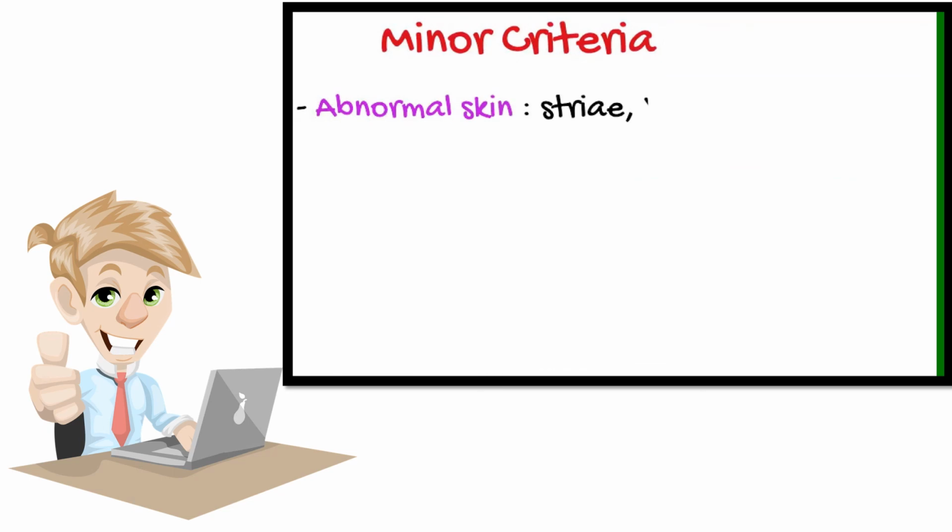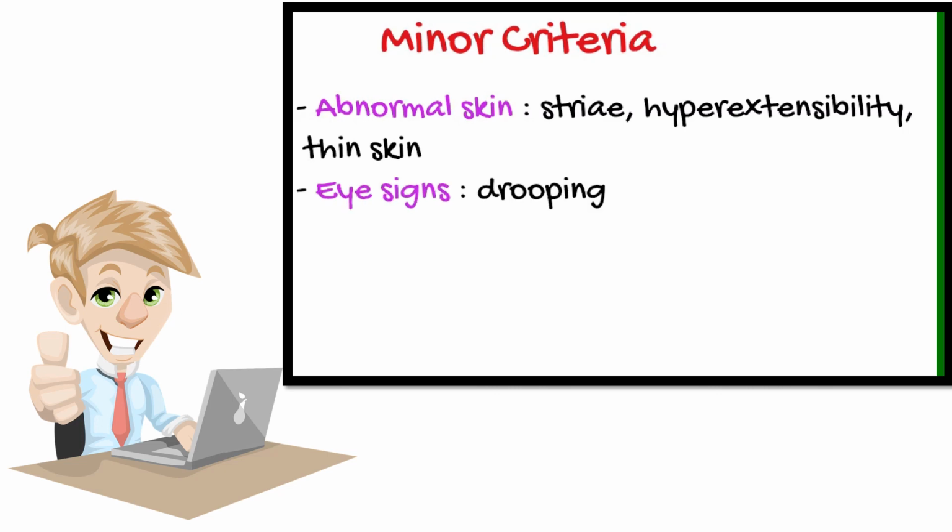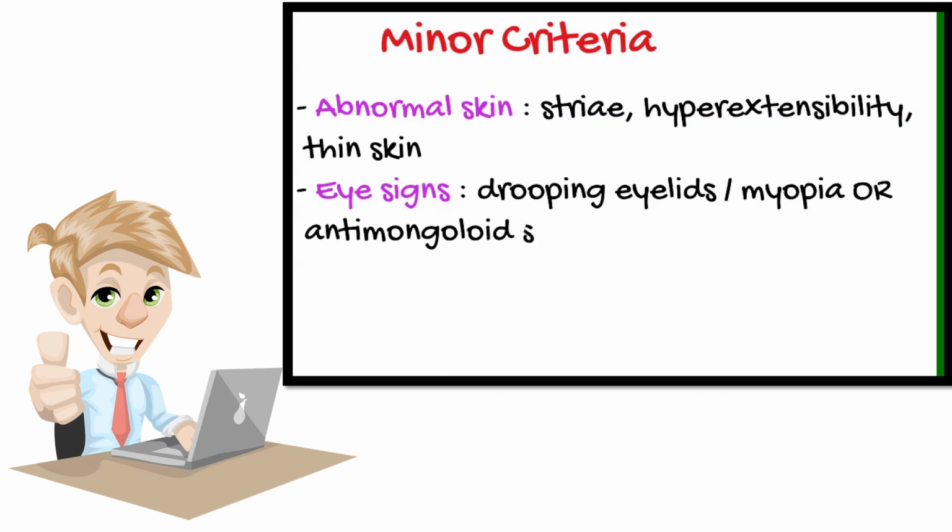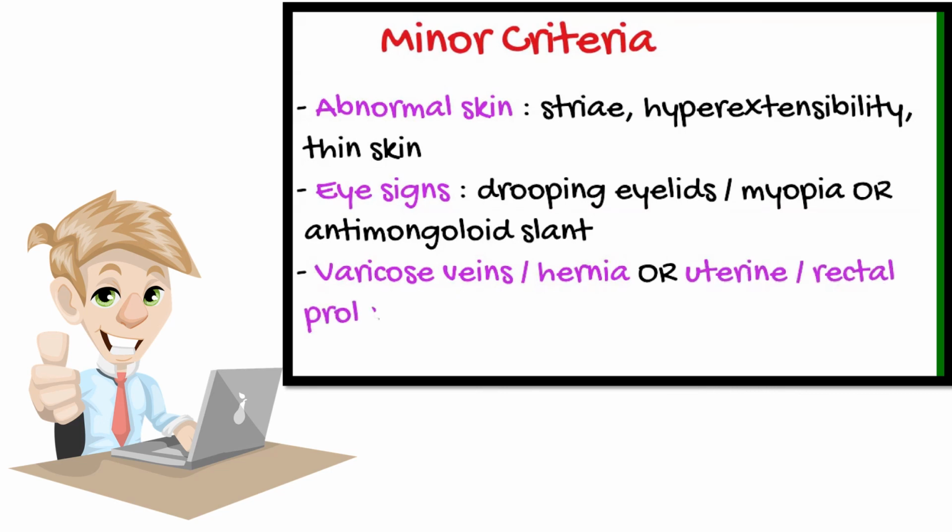Another abnormal minor criteria is abnormal skin with striae, hyperextensibility, thin skin. The eye signs involve drooping eyelids or myopia or anti-mongoloid slant. There will be a varicose vein or hernia or uterine or rectal prolapse.